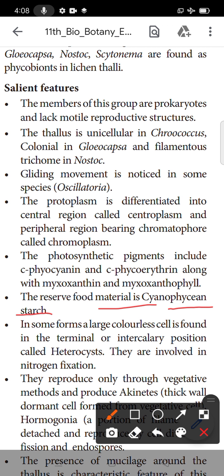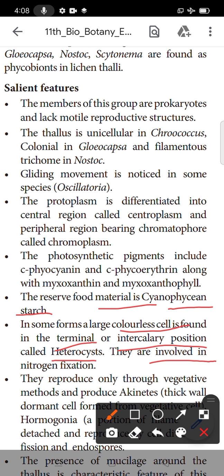In some forms, large colorless cells called heterocysts are found in terminal and intercalary positions. They are involved in nitrogen fixation.